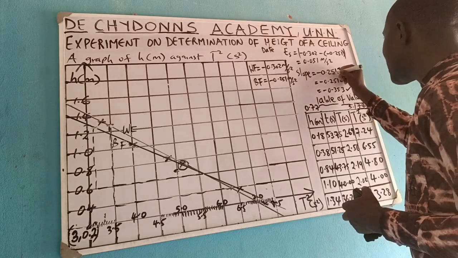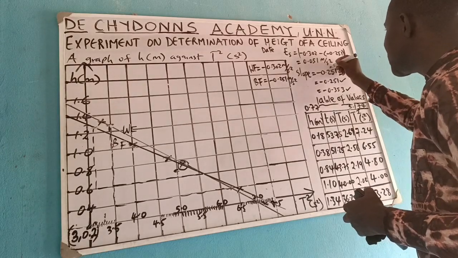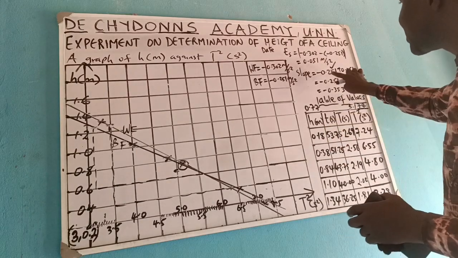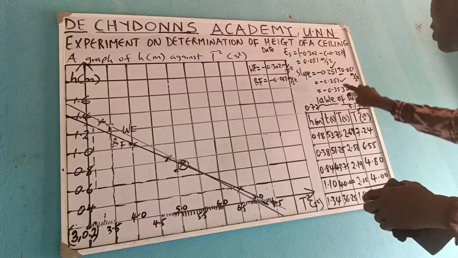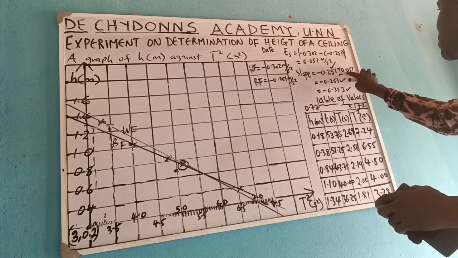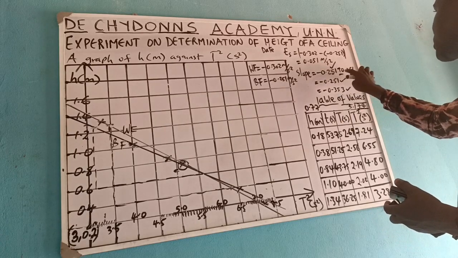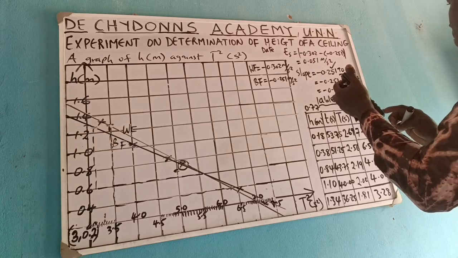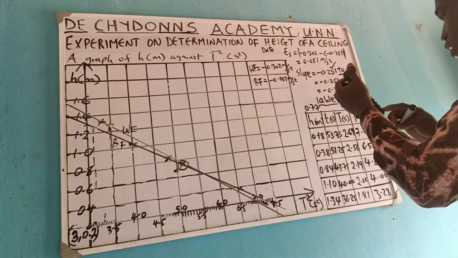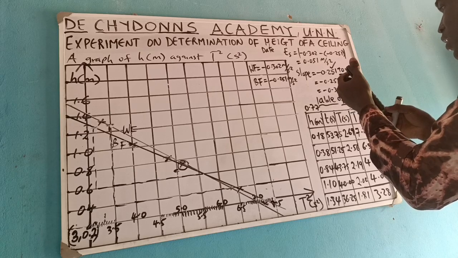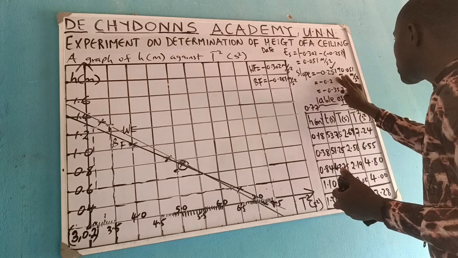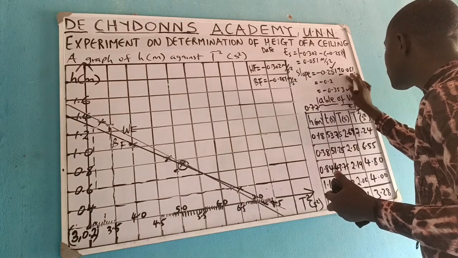Have you seen it now? That means this is your result. That is what I'm now concluding. This is my experimental slope, and this plus this will give me what? This plus this, minus 0.251 plus 0.051, that will be giving me minus 0.20.